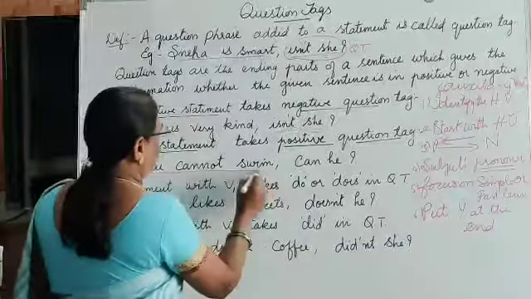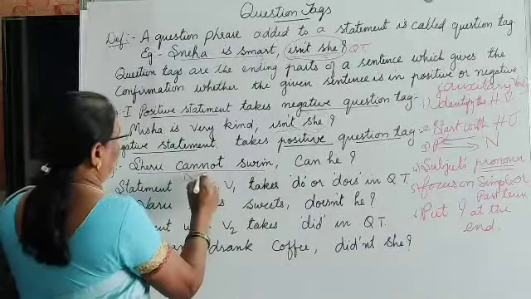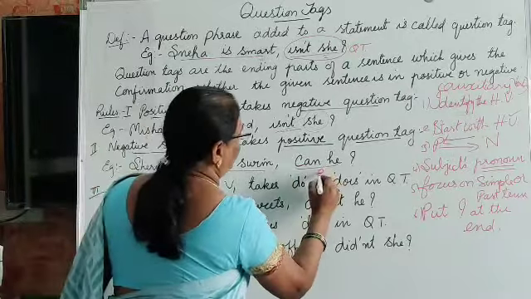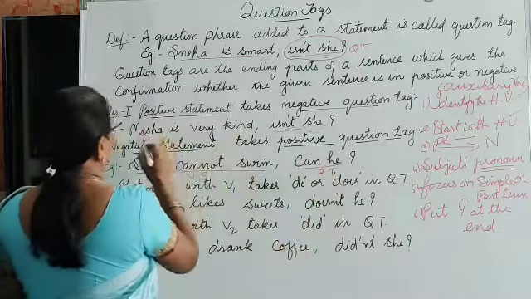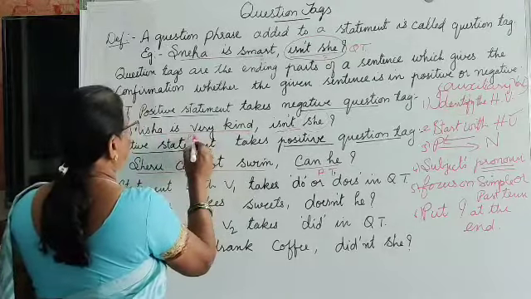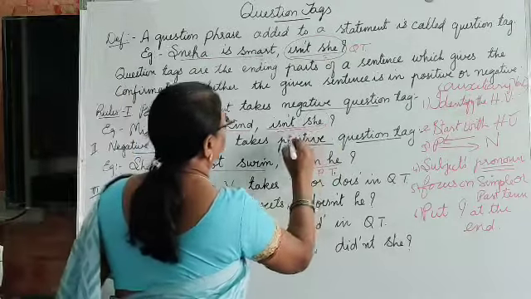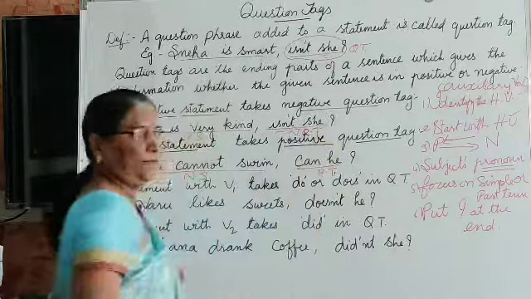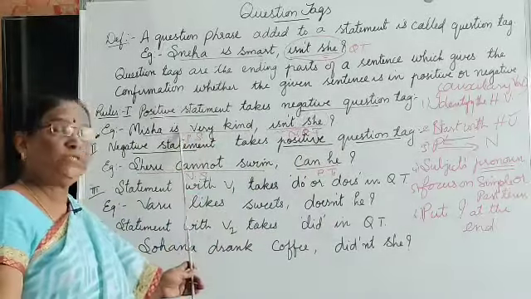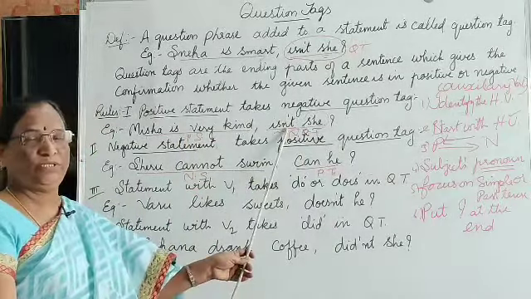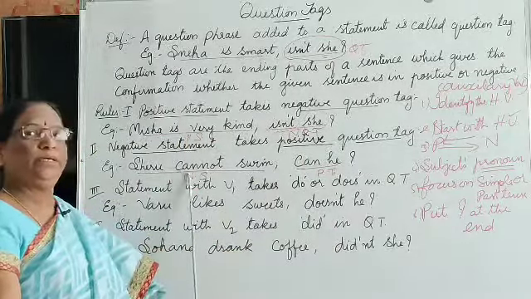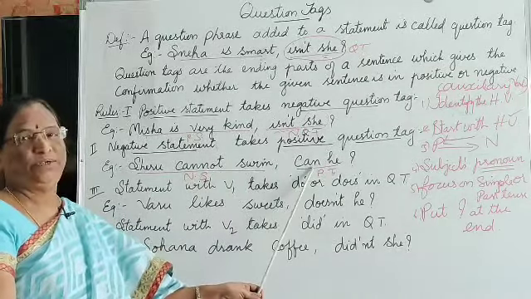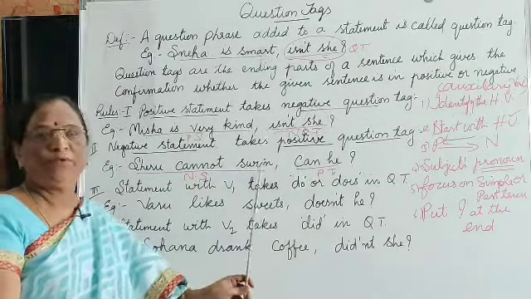This is a negative statement and a positive tag. This is a positive statement and this is a negative question tag. That means a positive statement takes a negative question tag, and a negative statement takes a positive question tag. These rules you have to keep in your mind.